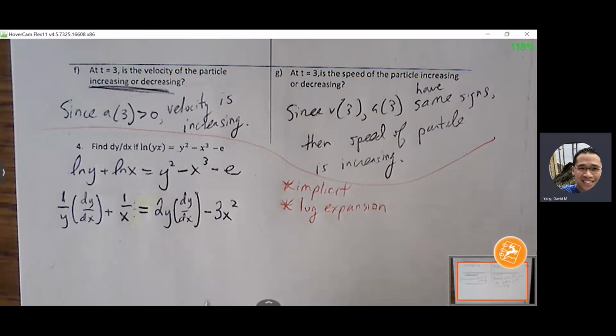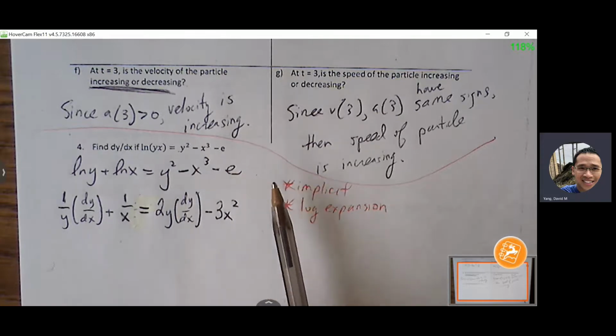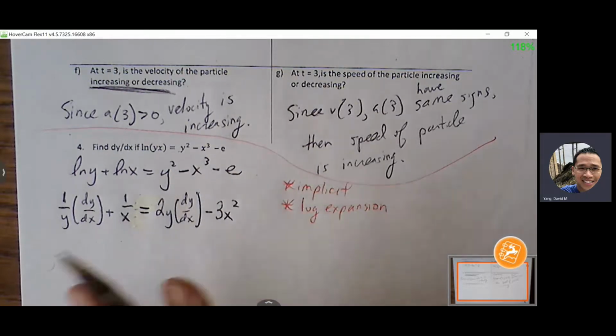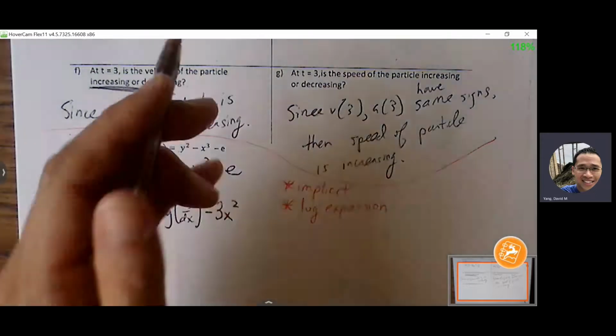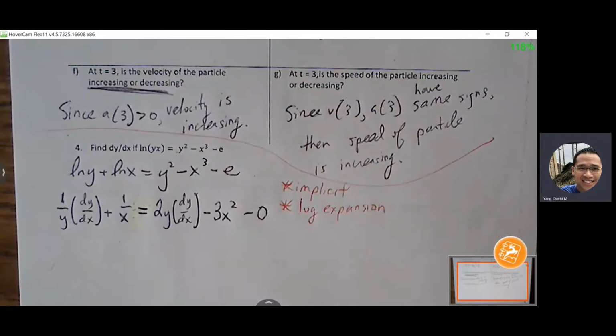0. Okay. e is not the same thing as e to the x. If it was e to the x, it would stay e to the x times 1. But e is just a number, it's like 2.7. So the constant will just go away. You don't have to put a 0 there. I just want to show that we did take care of that e, and that e is going to go away. Okay, so the hard part is done. We have the derivative. The rest is just rearranging to get dy dx by itself.